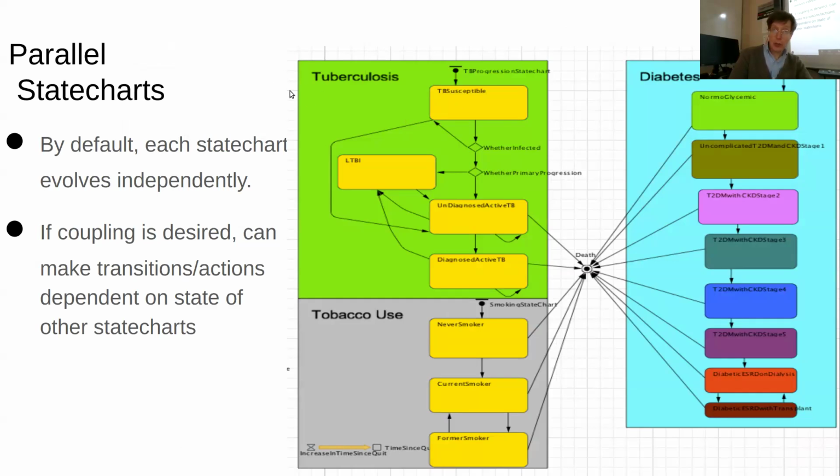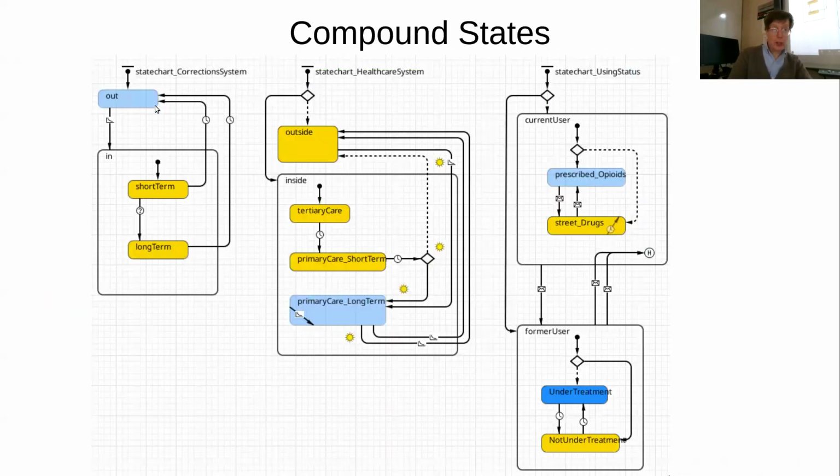So I'm in one state with respect to tuberculosis at any given time, one state with respect to tobacco use at any one time, one state with respect to diabetes at any one time, right? Same thing here. I'm in one state with respect to the corrections system. I'm in one state with respect to the healthcare system. And I'm in one state with respect to the degree to which and conditions under which I use opioids.